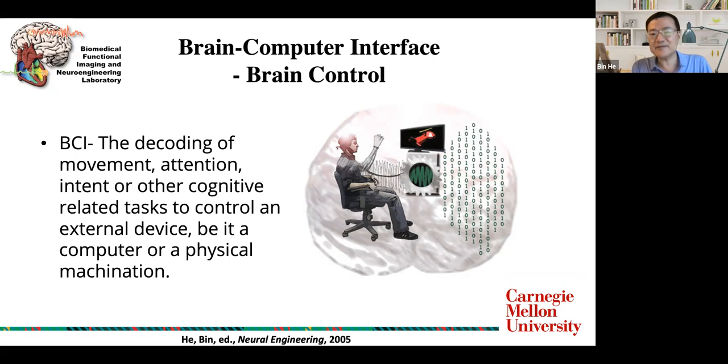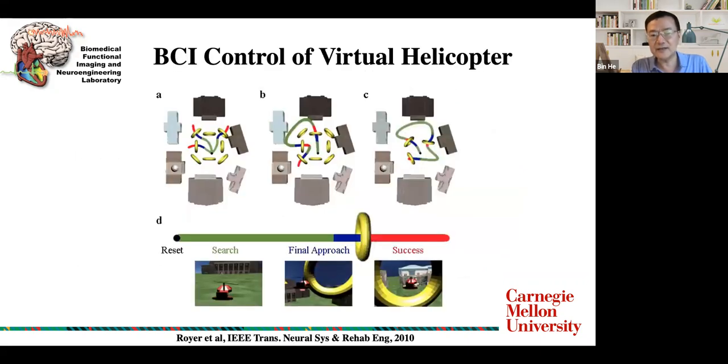This is something I wrote down long ago, 16 years ago, in the first neuroengineering textbook that I edited. Next, I would like to show you one of the works we conducted in my lab, how we moved from virtual helicopter control to actual drone control to robotic arm control, an effort which we have pursued over the past decade.